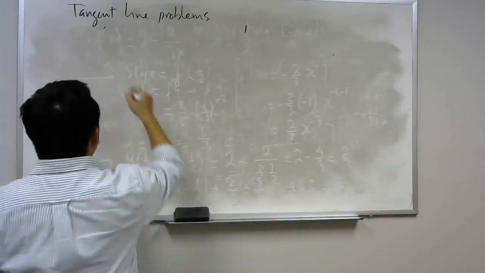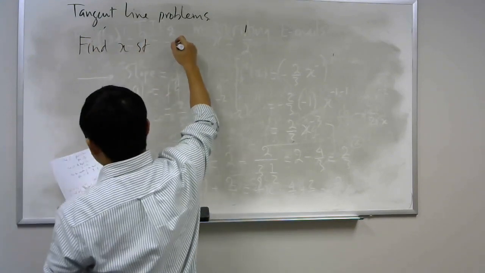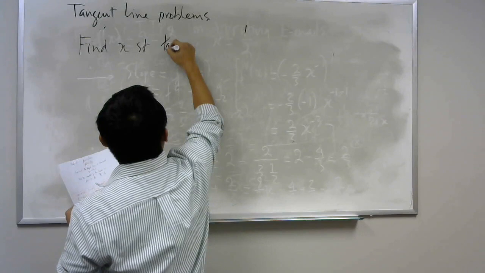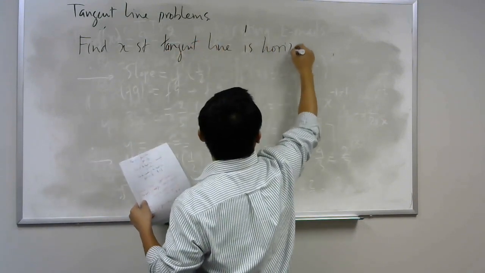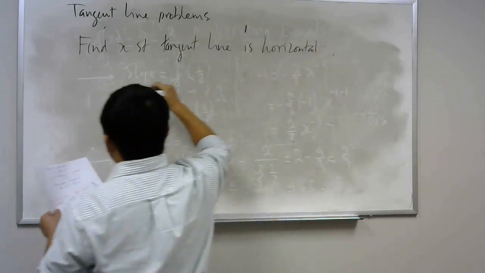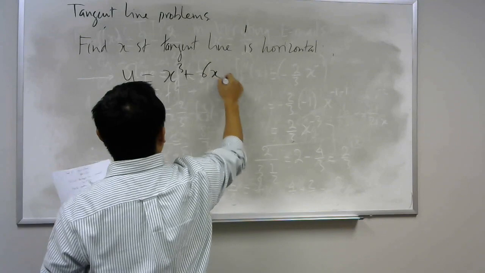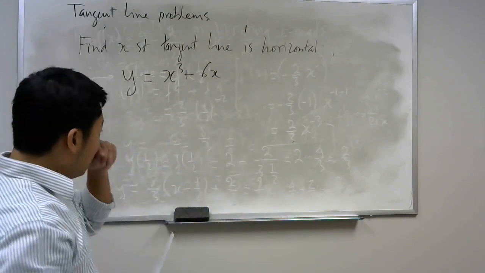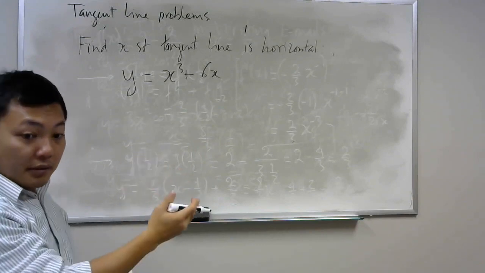Find x such that the tangent line is horizontal. Your function is y equal to x cubed plus 6x. Okay, so tangent line is horizontal means the derivative is equal to 0.